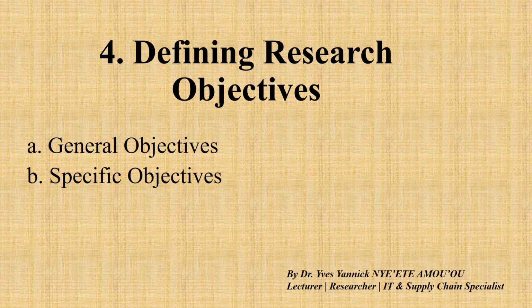Let me repeat it again. Specific objectives are the concrete steps or questions you will investigate to fulfill your general objective. This is what you need to have in this module.